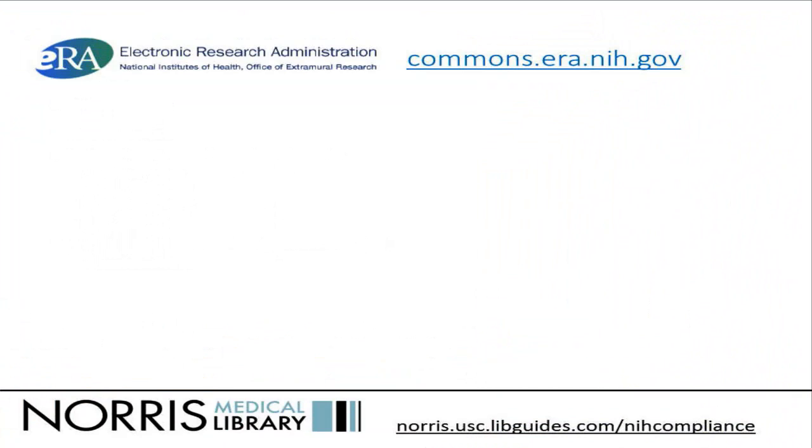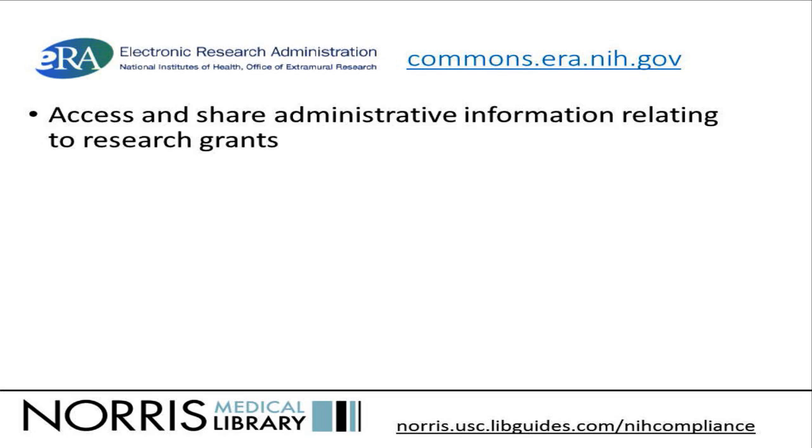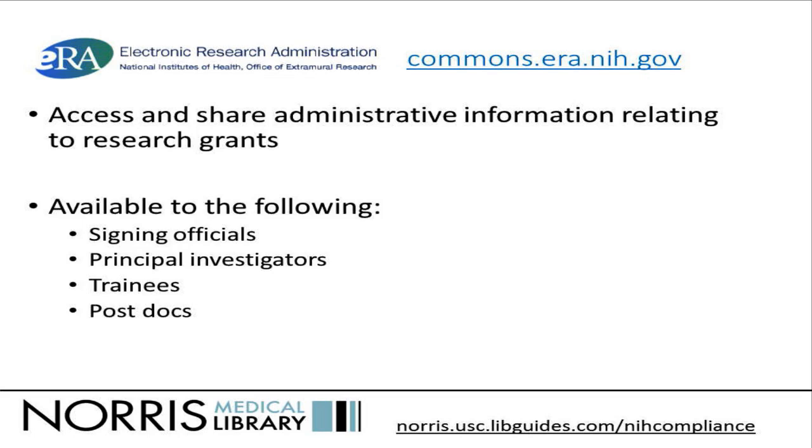One way to track compliance is through the Electronic Research Administration Commons, known as ERA Commons, which is located at commons.era.nih.gov. The ERA Commons is an online interface where signing officials, principal investigators, trainees, and postdocs at institutions and organizations can access and share administrative information relating to research grants.